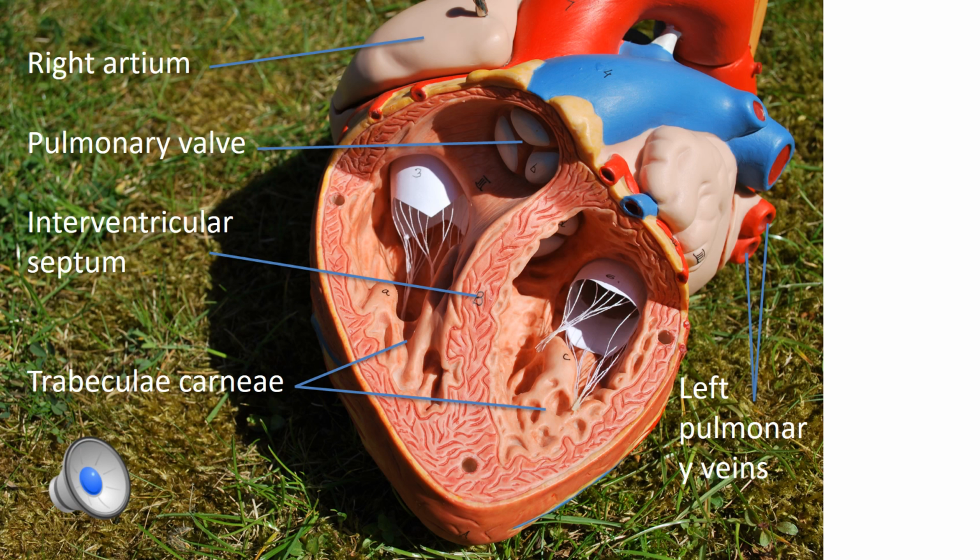And the purpose of this seems to be that when the heart is contracting, if there were two smooth walls on either side of the ventricle, that is the side of the ventricular wall and the side of the interventricular septum, there would be a tendency for them to stick together. There would be a kind of suction effect.